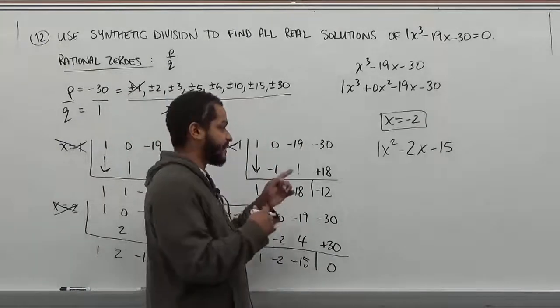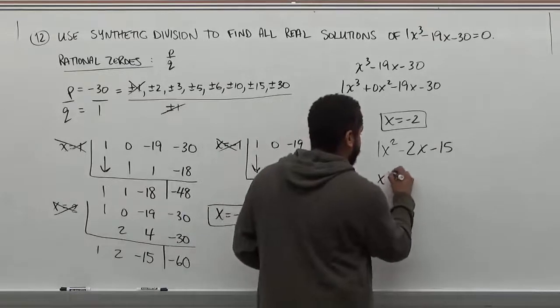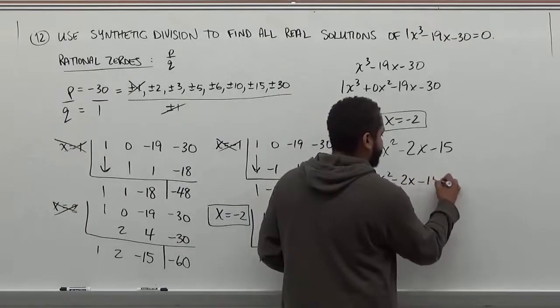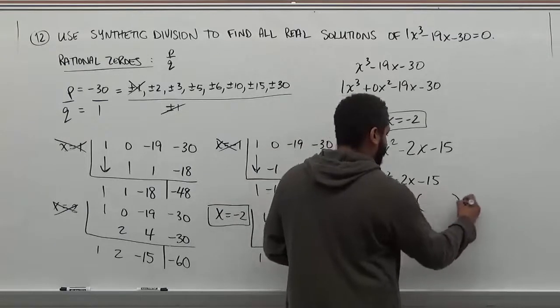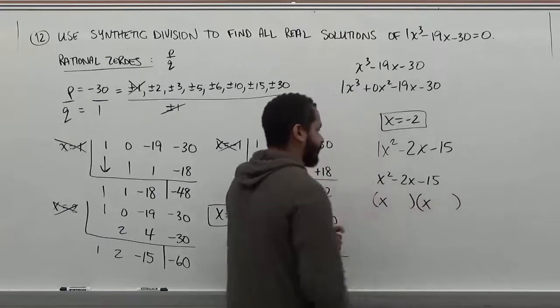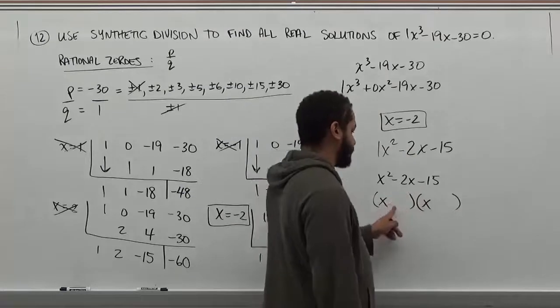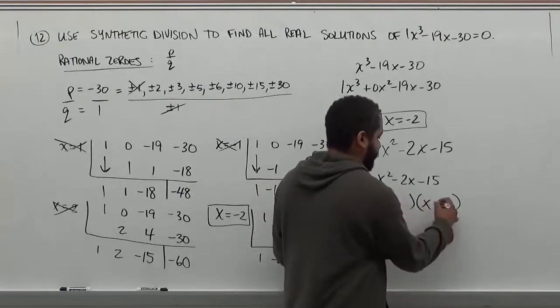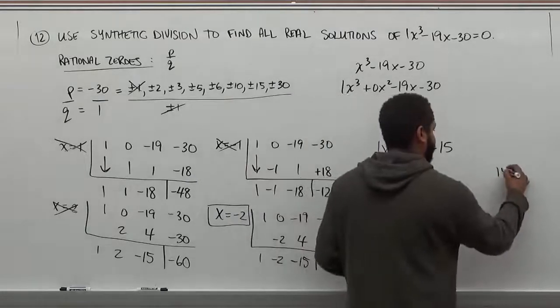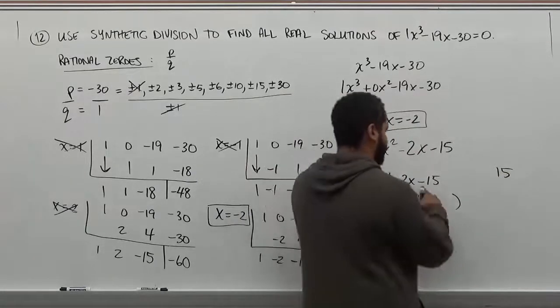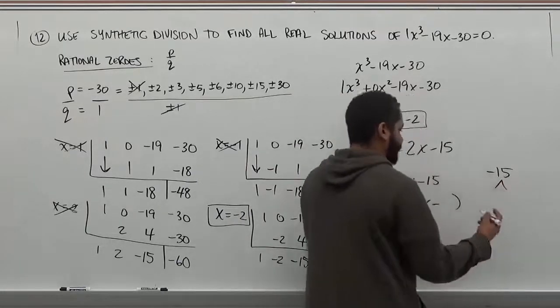In this case, I think factoring is the easier bet, right? So we have x squared minus 2x minus 15. We know the 2 factors both have an x in it. Because the last term is negative, 1 is plus, 1 is minus. It doesn't matter which order you place them in, right? The factors of 15 that add up to negative 2, and it's a negative 15, right? So let's factor this out.